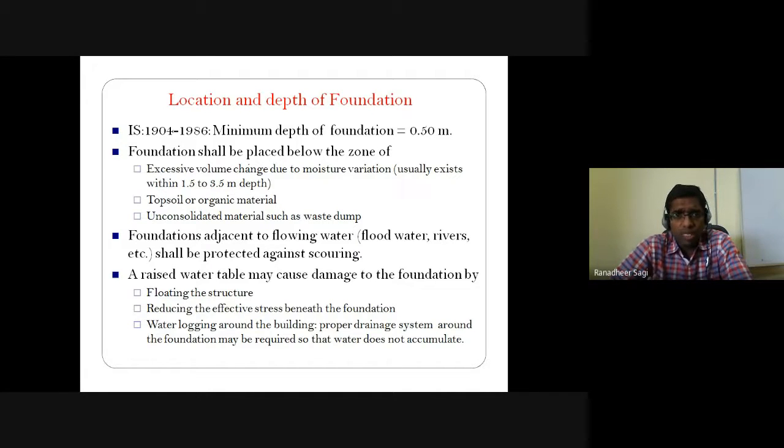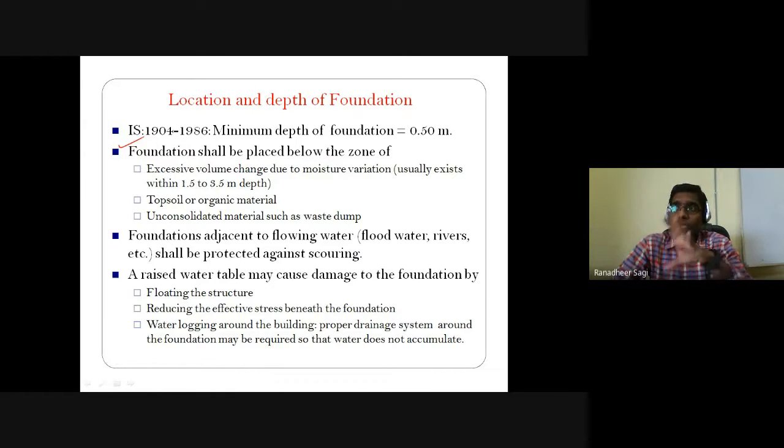However, the minimum depth at which a shallow foundation has to be constructed is 0.5 meters. We need to provide that minimum depth of 0.5 meters to minimize the effect of scouring of the soil because of runoff water, or to minimize the effect of various other aspects like erosion.